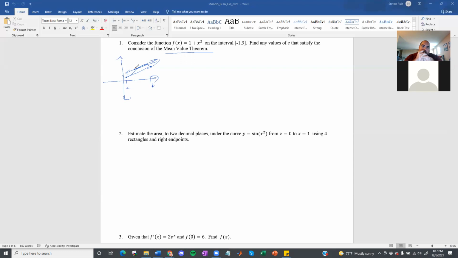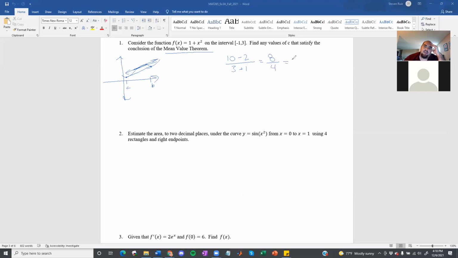Okay. So for this, let's find the average rate of change over that interval. What would our average rate of change be? It'd be 10 minus 2 on top, and then over 3 plus 1. So that's 2.